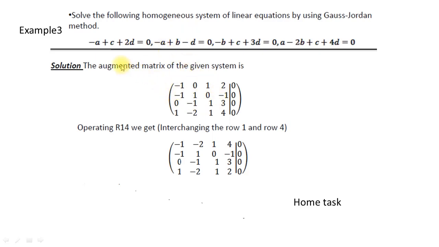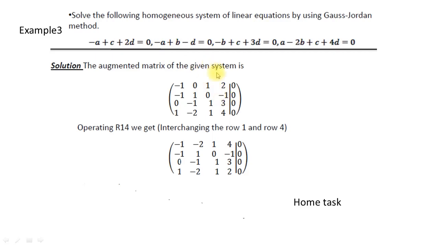This is the augmented matrix. In the first equation we have the coefficient of a is minus 1, the coefficient of b is 0, b is missing here, the coefficient of c is 1, and the coefficient of d is 2. And in the second equation minus 1, 1, c is missing, and the coefficient of d is minus 1.